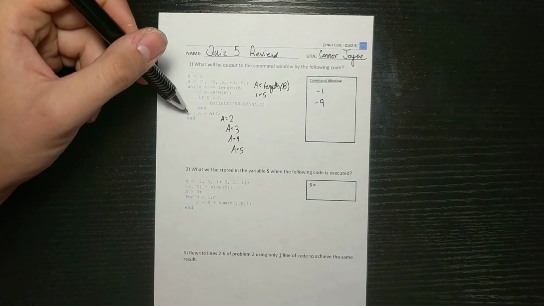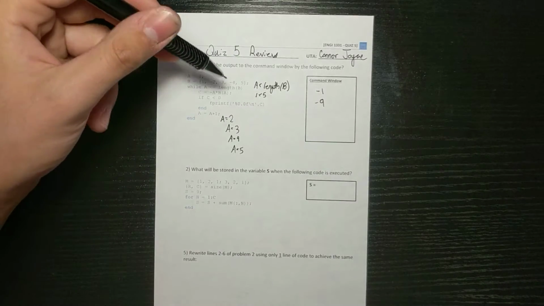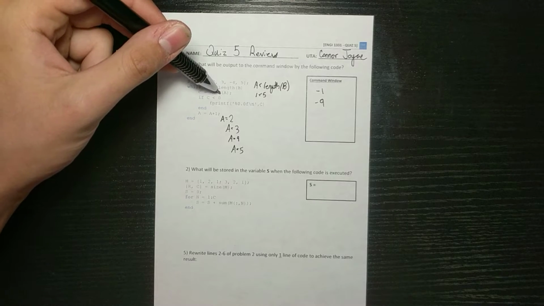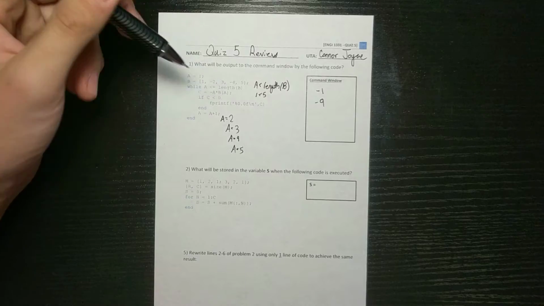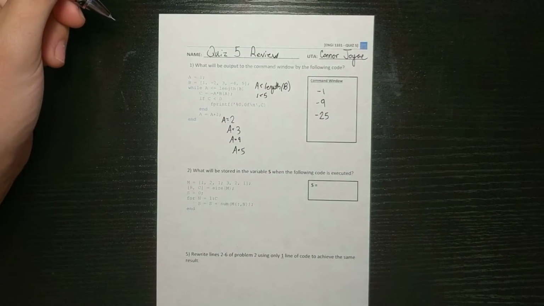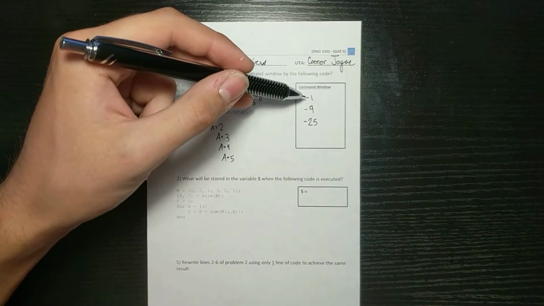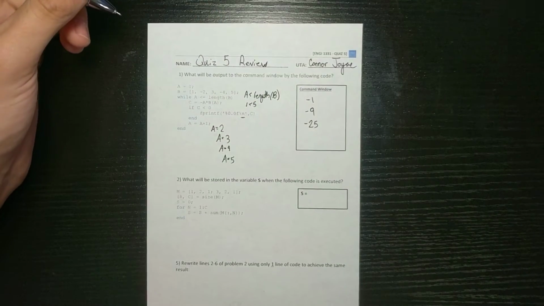This is the last time we're running our loop. While A is less than or equal to 5, 5 is less than or equal to 5, so C is negative 5 times B of 5, which is 5, so negative 25. Note that these would print out in a column in the command window because we're adding a new line every time.